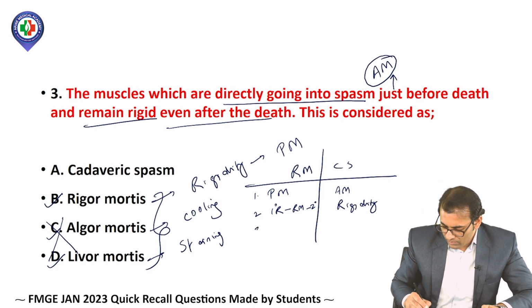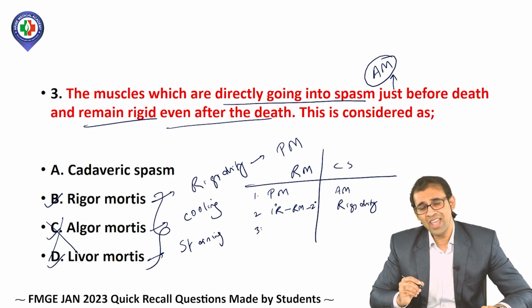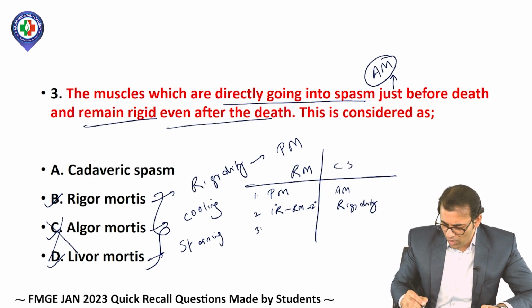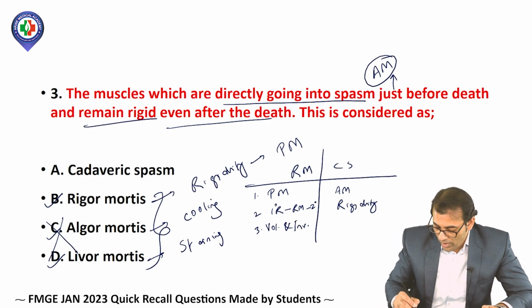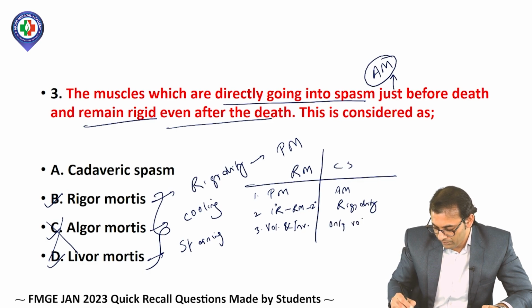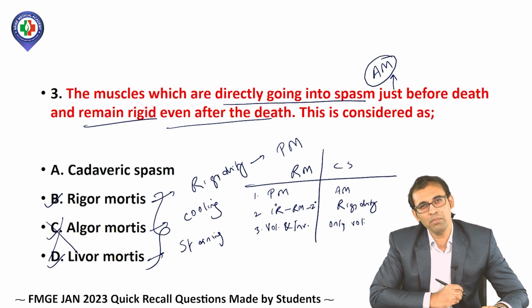And the third difference: in rigor mortis, there will be involvement of voluntary as well as involuntary muscles. But in cadaveric spasm, only voluntary muscles are involved. So all these are very, very important points.